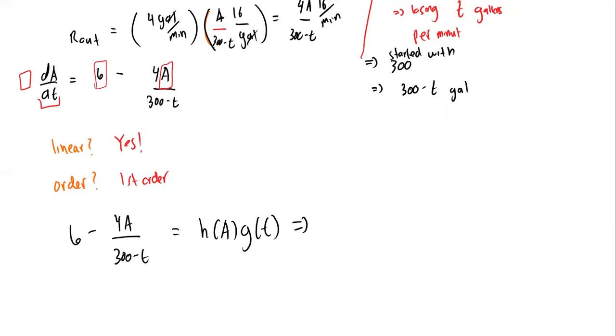So this is not a separable differential equation. The only differential equations that we really know how to solve are separable, which means that we still don't have the tools to actually find a solution for this.